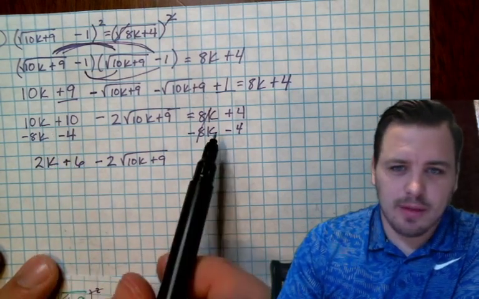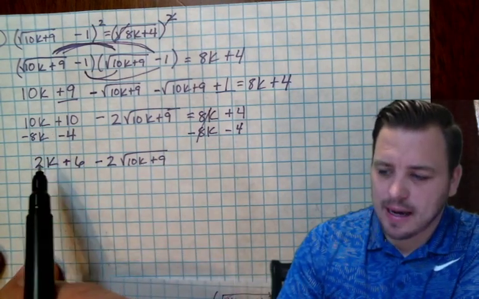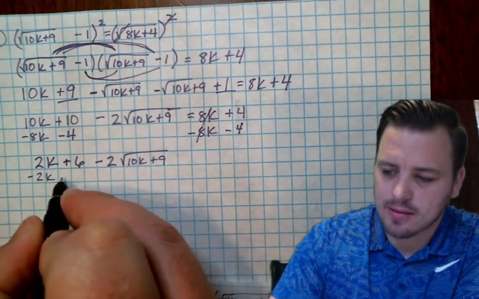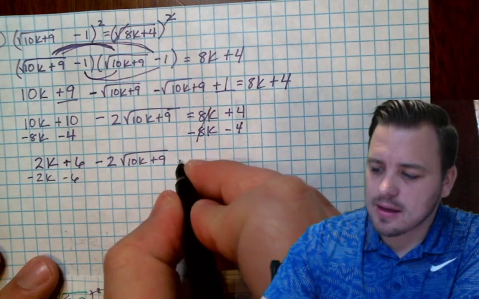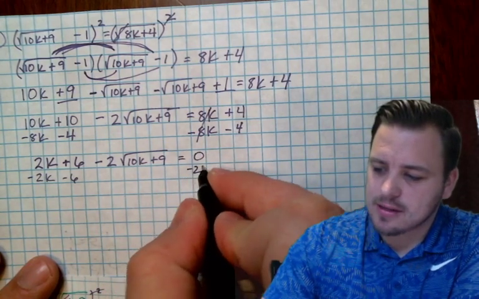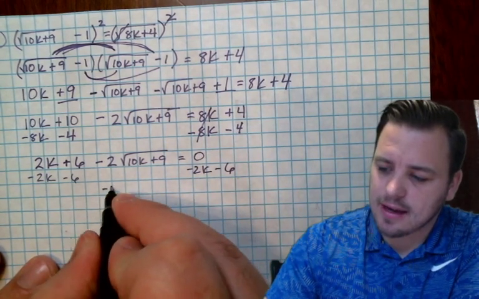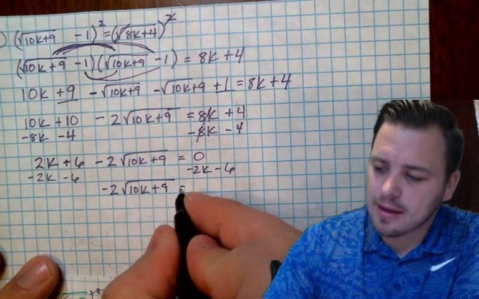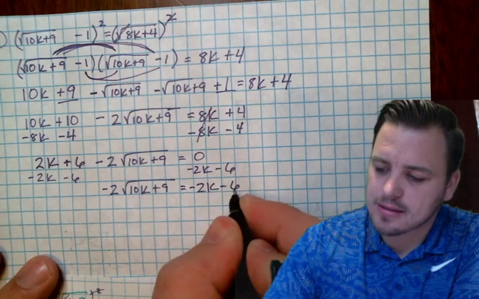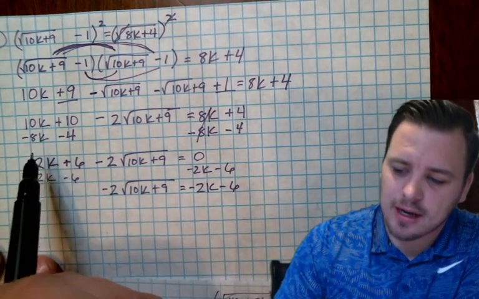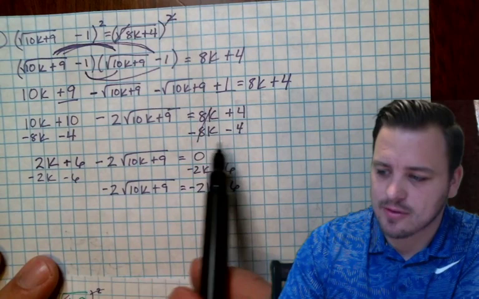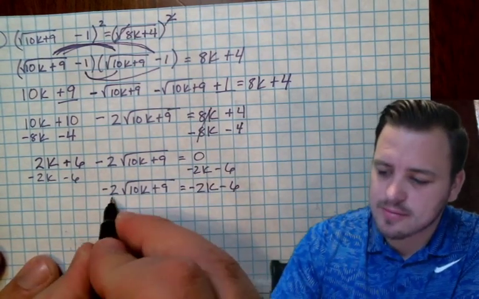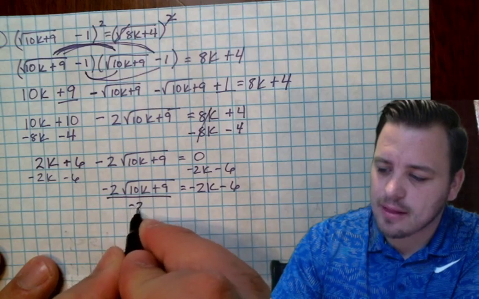I probably should have moved them that way, but now let's move these back over here so we can divide all of it by 2. So let's subtract 2k, minus 6, and that equals 0. So we have negative 2 radical 10k plus 9 equals negative 2k minus 6. I should have just subtracted 10k and 10, moved it over here, and got this. But sometimes I thought it may look a little bit different over there.